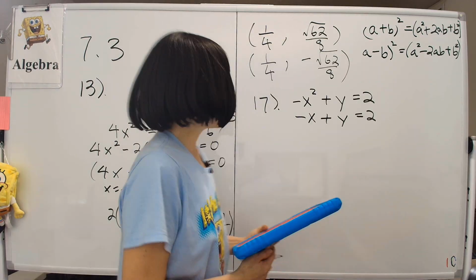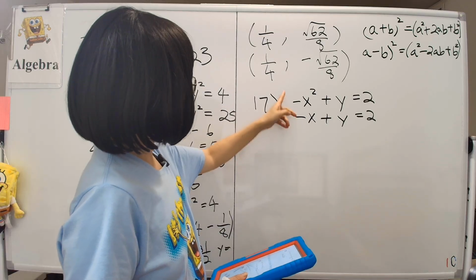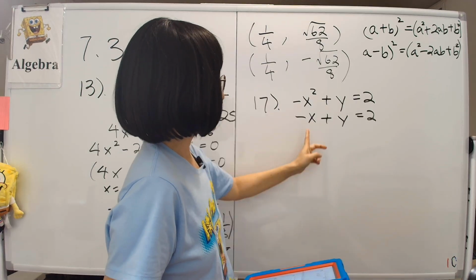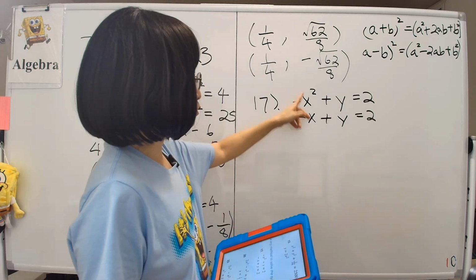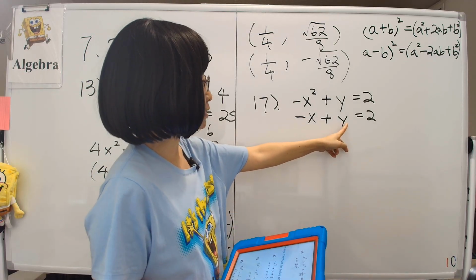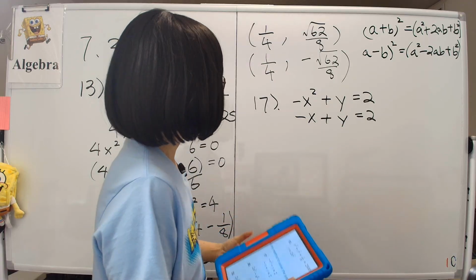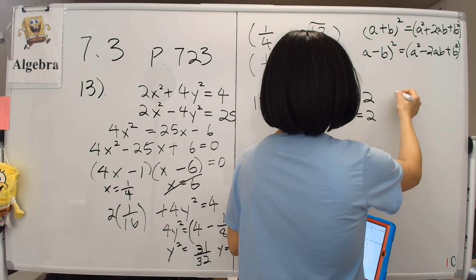So next, let's do problem 17, where we have these two very interesting looking equations. They look almost the same, right? But there's a square there, and that's the trick. So we are going to avoid the square for now, because there's a simple y in both cases. Here's equation 1 and equation 2.